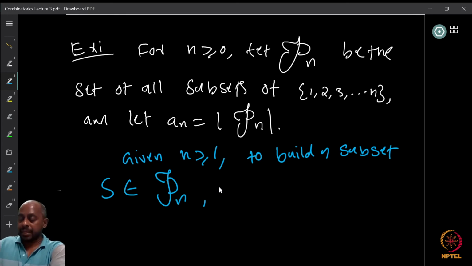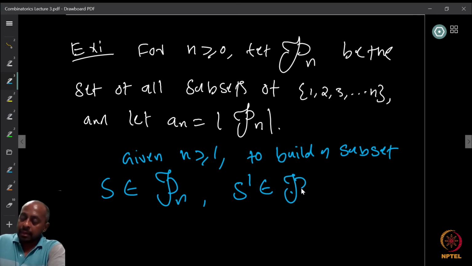To select such a subset, we will select any subset, let's say S dash, of the set 1 to n minus 1. So we remove the element n and look at the subsets in P n minus 1.